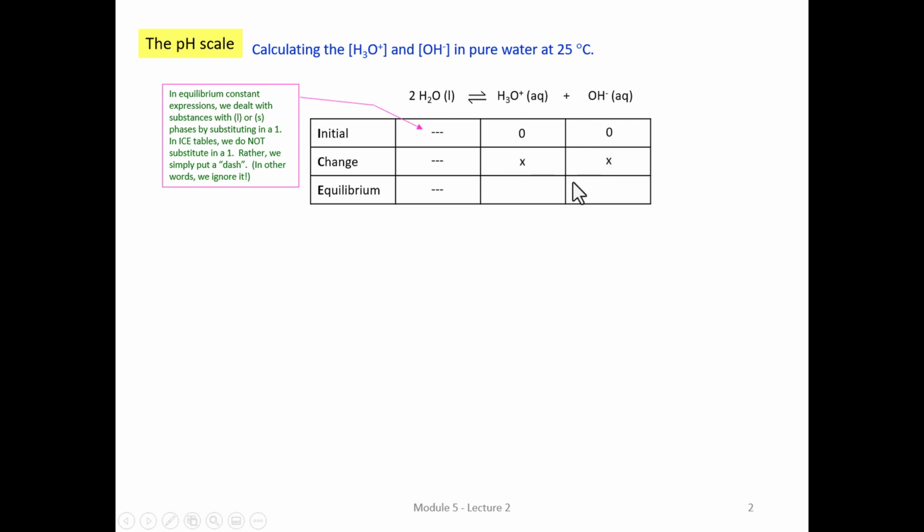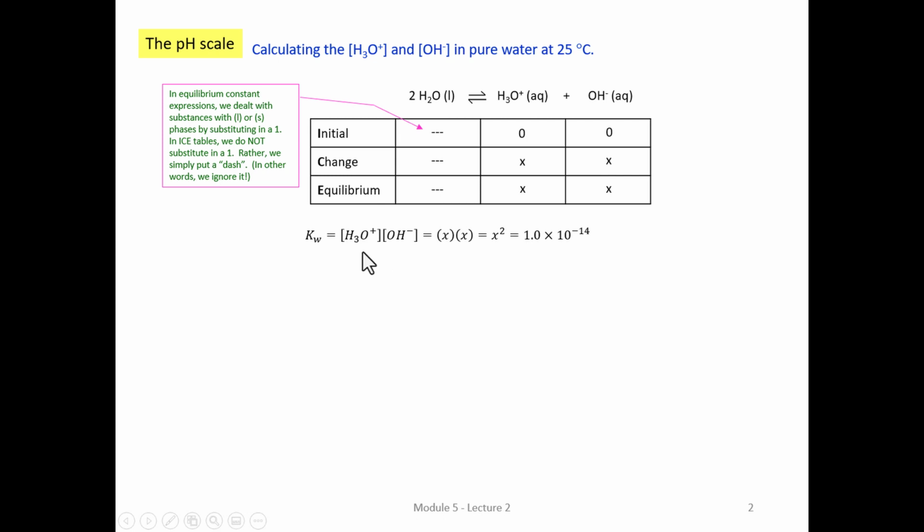Of course, they both be plus x. And quite simply, at equilibrium, we have a concentration of x for the hydronium ion and x for the hydroxide ion. You can see that whatever x is, we're going to end up figuring out that in pure water, the concentration of hydronium ion and hydroxide ion will be equal. But let's see what the value is equal to.